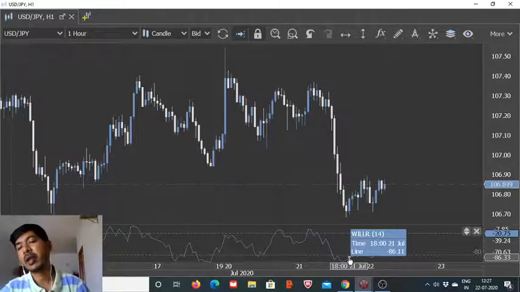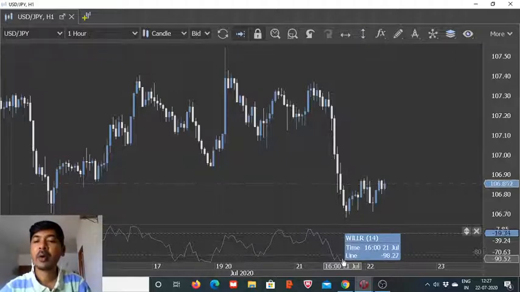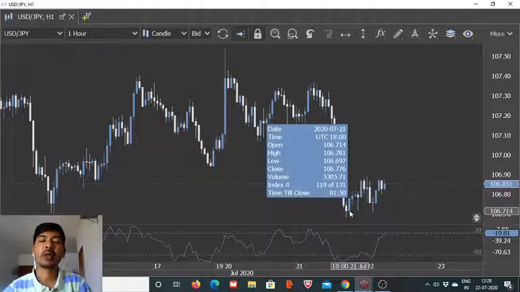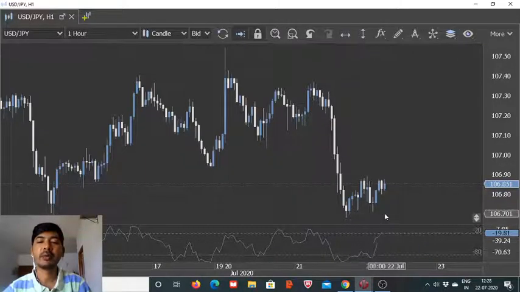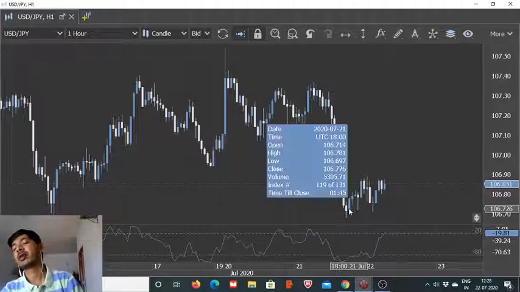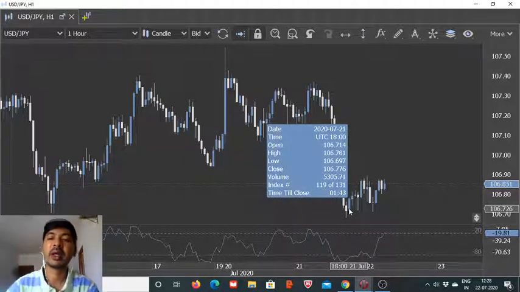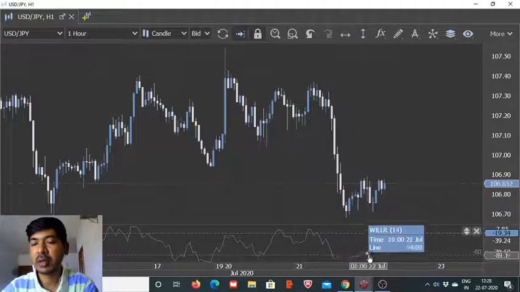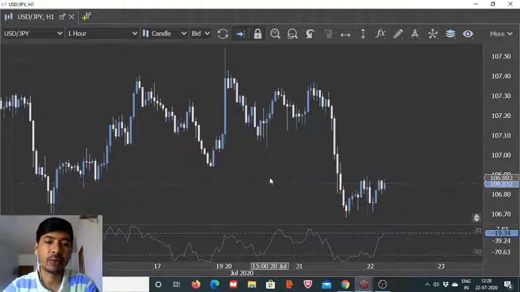So if we feel that we shouldn't be getting involved during the initial hours of an overbought or oversold scenario, then you can put in a condition that say 10 hours back it should have been in an oversold situation, only then the buying should happen. So here we will be checking 10 hours back data, and only if the 10 hours back value was in an oversold scenario, only then the buying will happen, and vice versa for a sell trade.